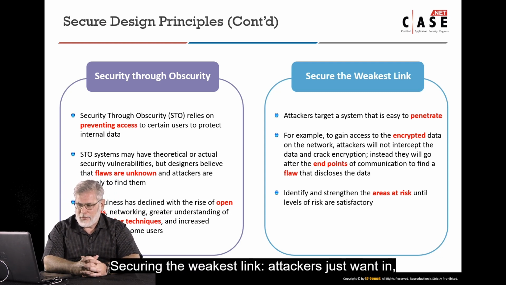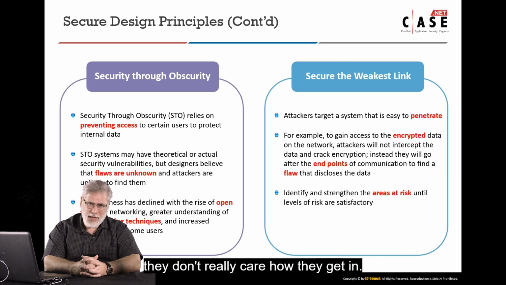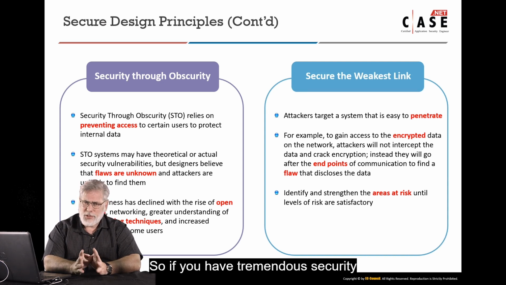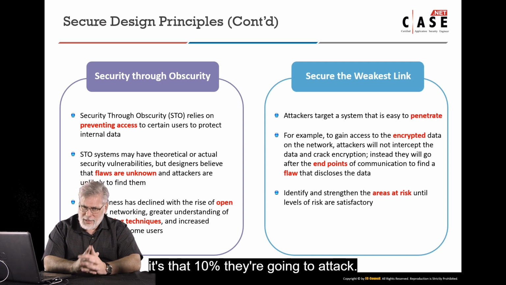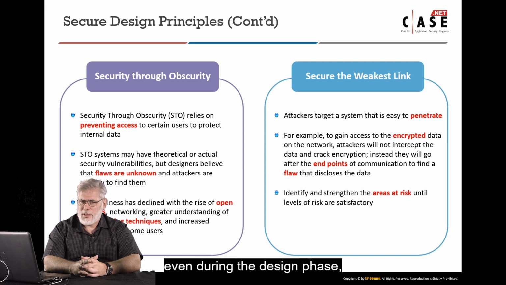Securing the weakest link. Attackers just want in, and they don't really care how they got in. So if you have tremendous security in 90% of your application, it's that 10% they're going to attack. So one of the things you have to do, even during the design phase, is look for where the weaknesses are.